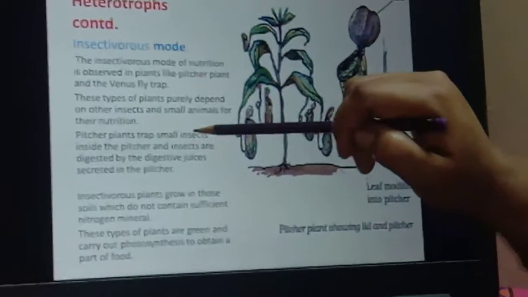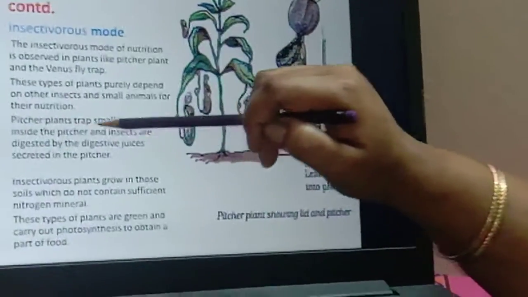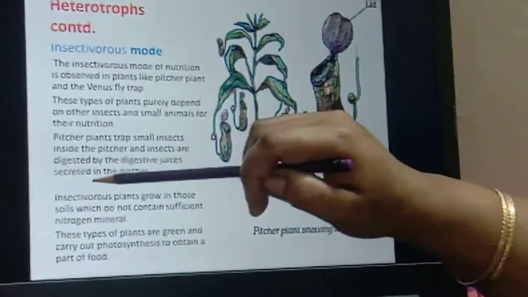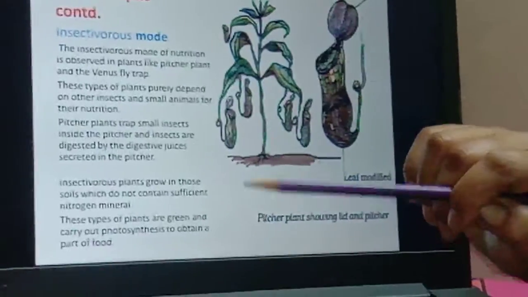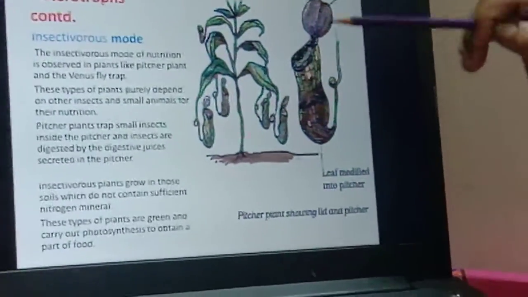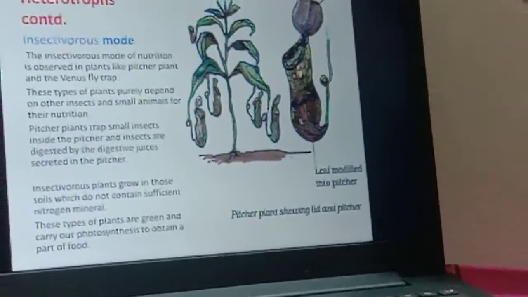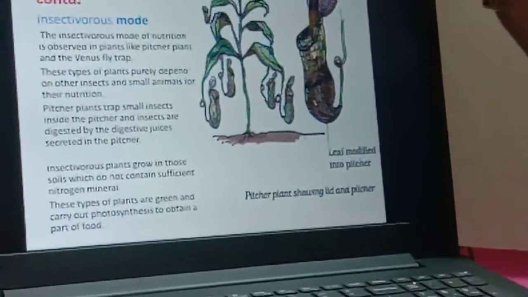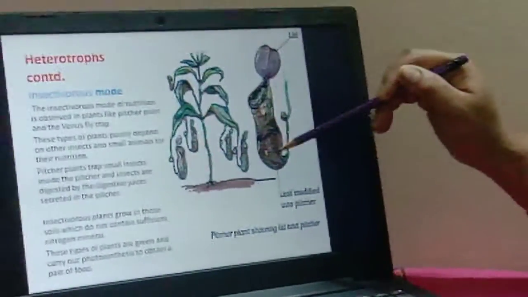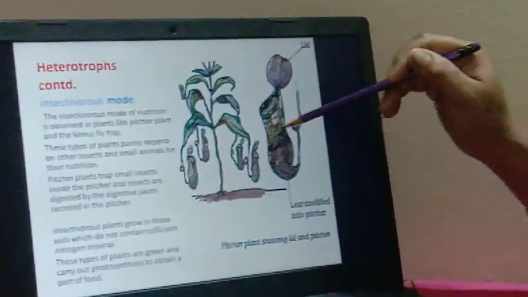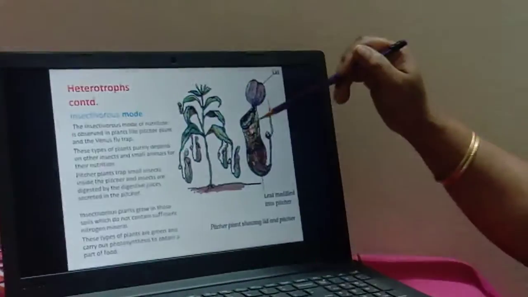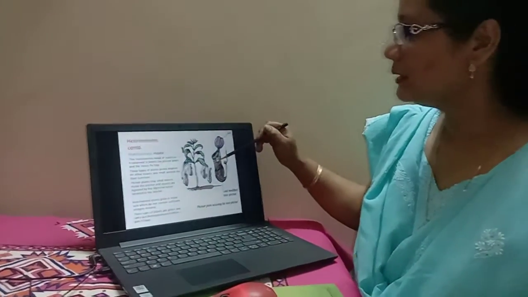Pitcher plants trap small insects inside the pitcher, and the insects are digested by the digestive juices secreted in the pitcher. So this is the pitcher plant, and this is the enlarged view of a pitcher. If an insect goes inside, the lid is closed and the digestive juices secreted from that pitcher digest the insect inside the pitcher. Interesting, no?